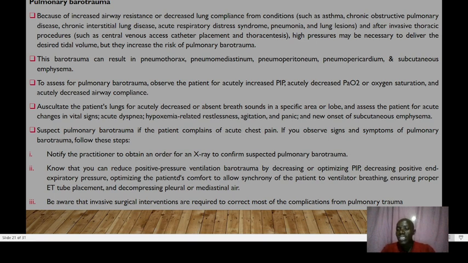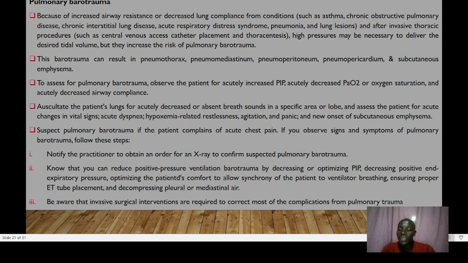You have to auscultate the patient's lungs for acutely decreased or absent breath sounds in a specific area or lobe. Then assess the patient for acute changes in vital signs, acute dyspnea, hypoxemia-related restlessness, agitation and panic, and new onset of subcutaneous emphysema.